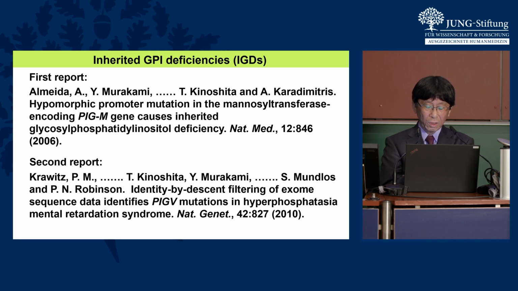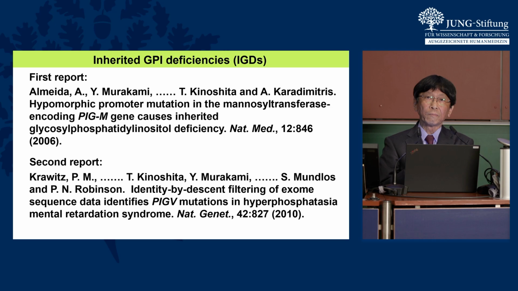PIG-V encodes another mannosyltransferase that attaches the second mannose to the GPI. And we analyzed the mutations they found and showed that those mutations are hypomorphic mutations, accounting for the partial decrease of the cell surface GPI-anchored proteins. So this is the second report.